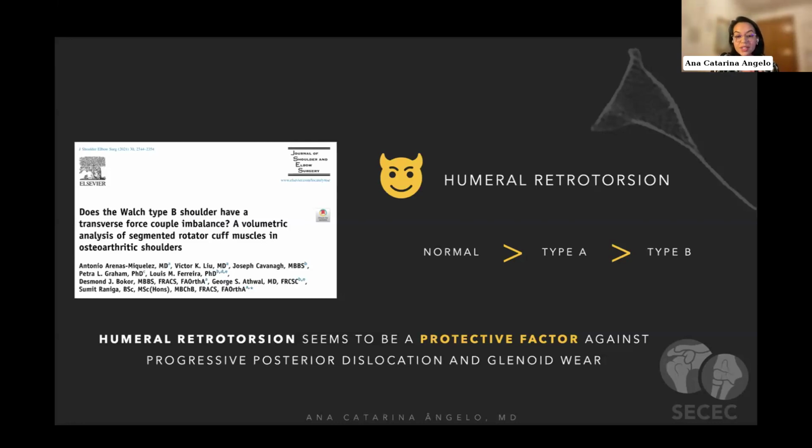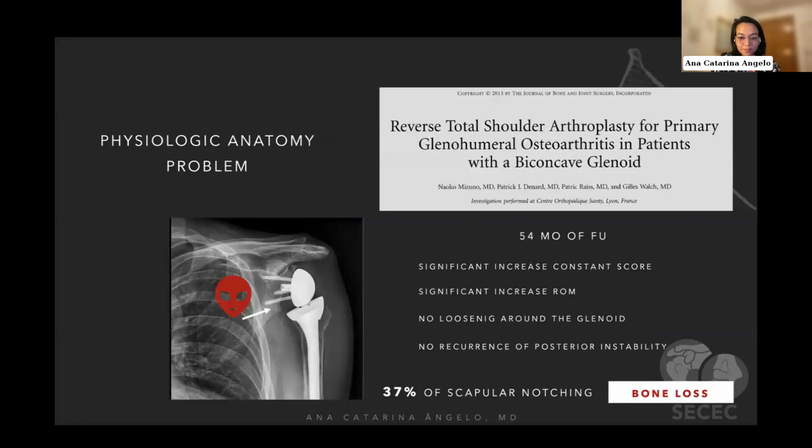So humeral retrotorsion seems to be actually a protective factor against this progressive posterior dislocation and this progressive glenoid wear. So this seems to be a physiologic anatomy problem. This is a problem of the anatomy of the shoulder. So we shouldn't solve this by reproducing the anatomy.